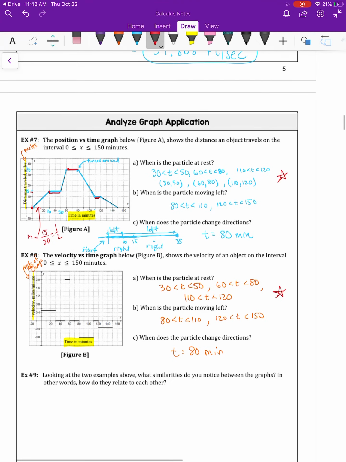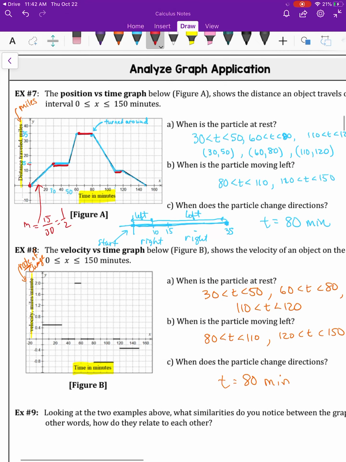Then what about this? Is my slope 2 for that next piece? Let's see. I'm going from here to here, so I'm rising 35 minus 15. So I'm rising 20, and I'm running 10. So 20 divided by 10, that is 2.